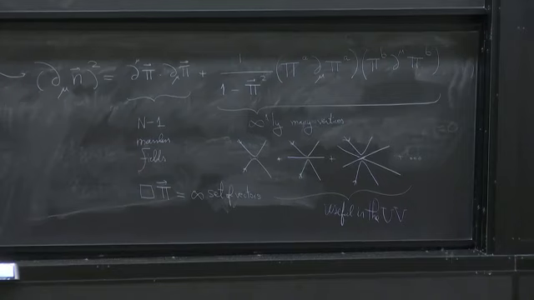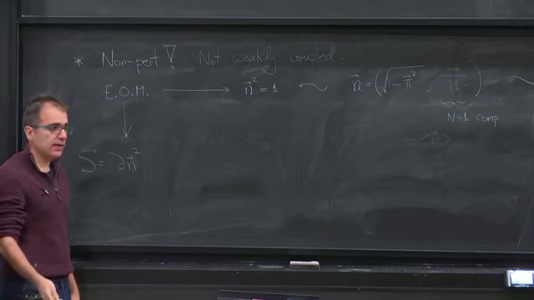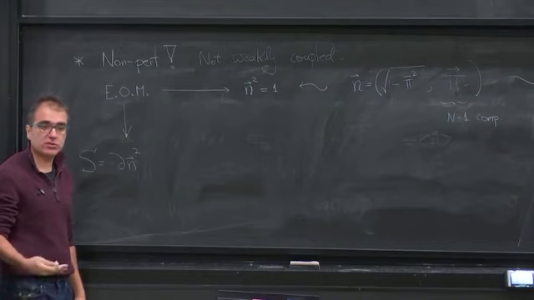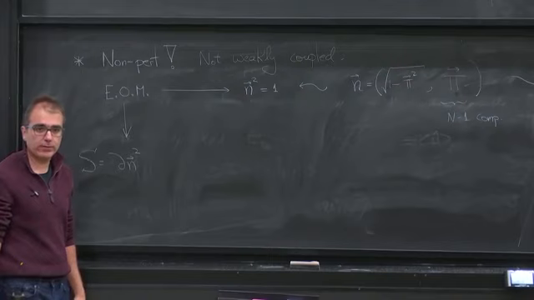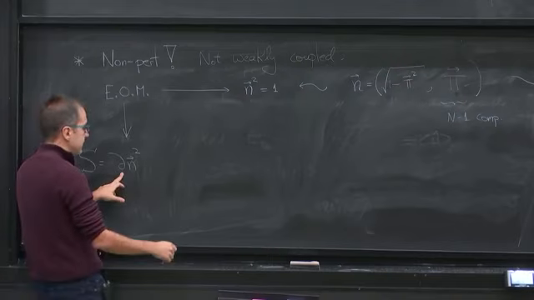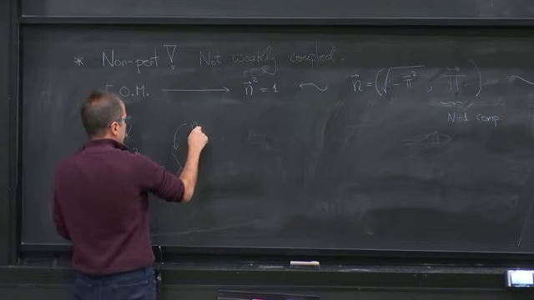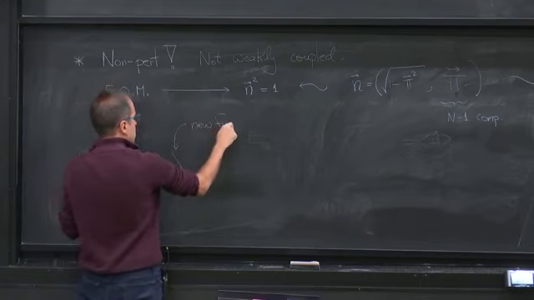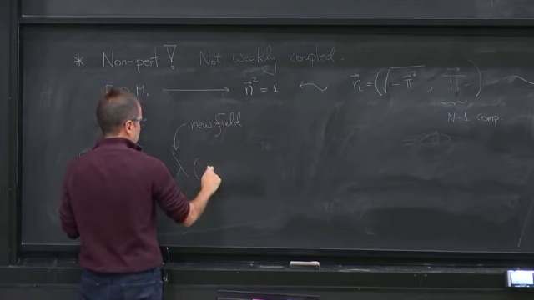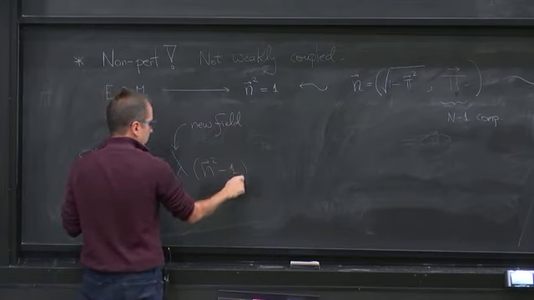So that's one option. The other option is we live with this, which means that we have to write our action, which was the derivative of n squared. And then we want to add a Lagrange multiplier that is a constraint that sets that n squared is equal to 1. So how do you add constraints? You add plus lambda, a new field, times n squared minus 1.